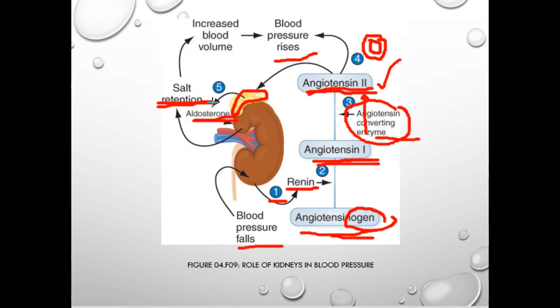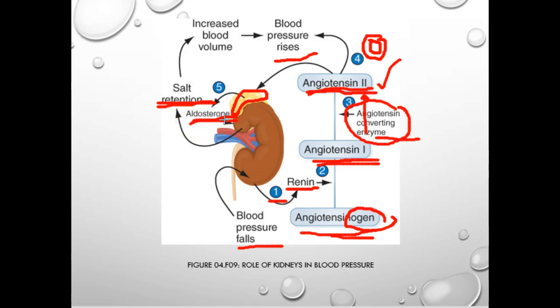Reabsorbs salt, and where salt goes, water goes. Think about it. If you've ever eaten a really salty meal, you retain water, and your body is trying to balance the fluids inside of your interstitial tissues as well as in the bloodstream. And if you have a lot of salt, you're going to retain water to try to balance those fluids out. That's the primary job of aldosterone.